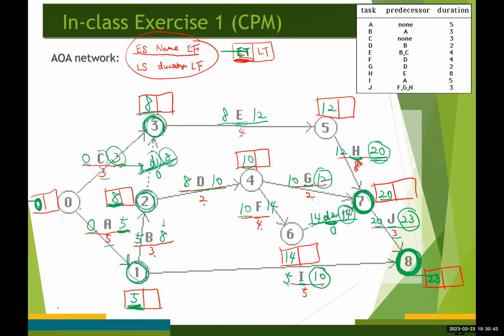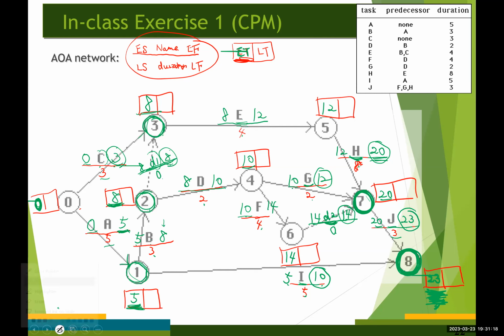Okay, now we can work on computing the latest time for this project. Since we know the project can be completed in 23 days, right? 23 days down here, right? So we know the latest time for event number 8 is going to be 23, okay?